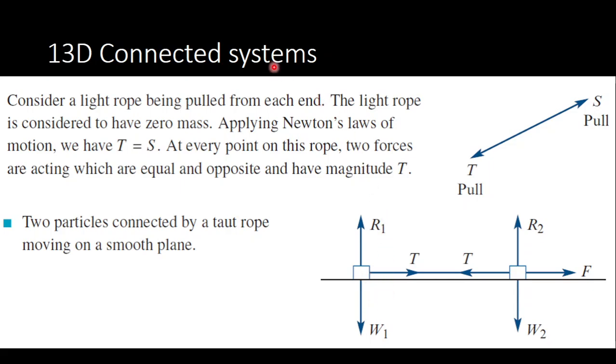So when we talk about a connected system, the connection is the rope that has two opposite pull tensions, and that's all we're going to do with that rope. Then we're going to ignore it. After that, the first system we're going to focus on is the car that has four forces applied onto it: the thrust force, the reaction from the ground, the weight force, and the tension of the rope on the car.